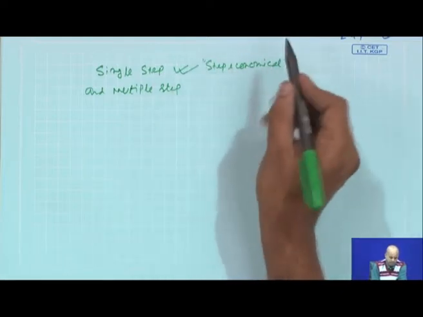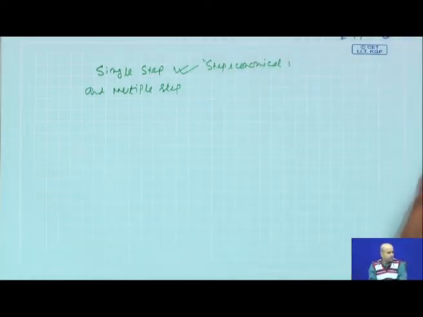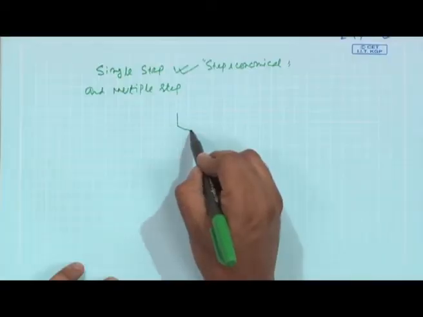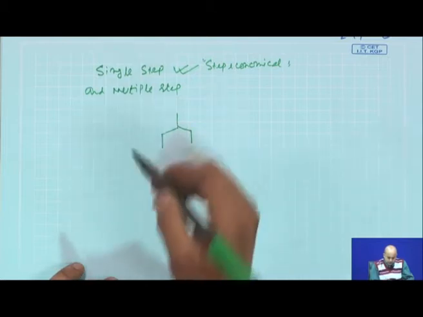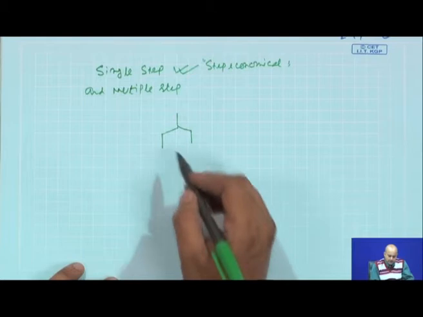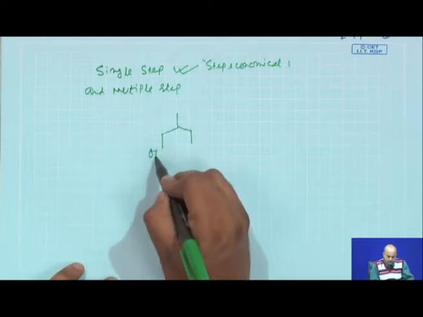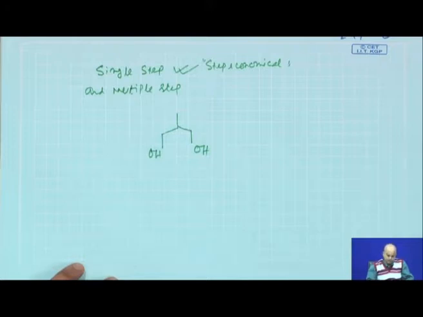Multiple step also sometimes you have to use, based on your requirement. All these things come into achiral desymmetrization. Now, I will try to give you information about what chiral desymmetrization is.